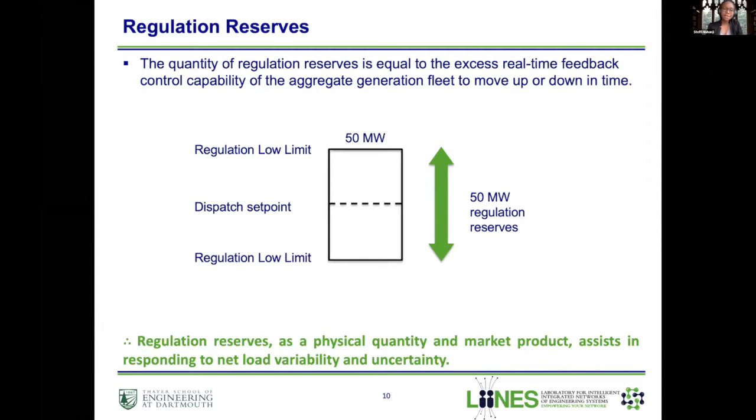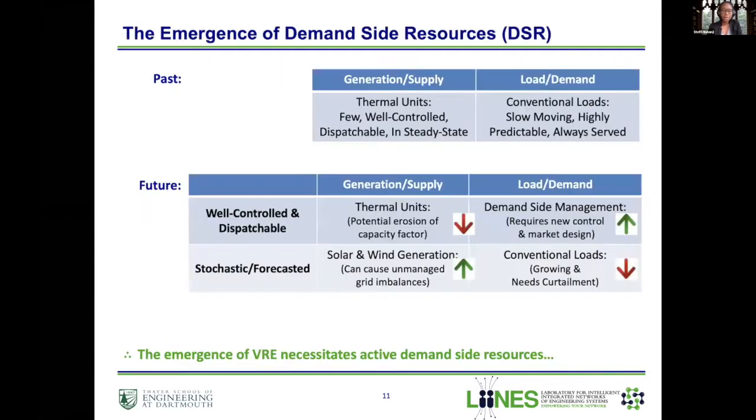And it also acts at a much faster timescale. And all three of these reserves quantities are used to balance any net load variability and uncertainty in real time.